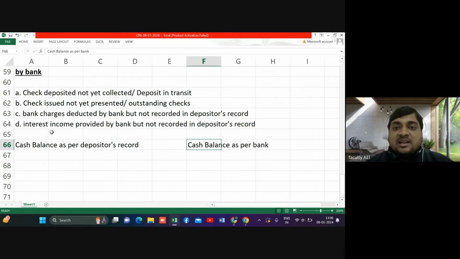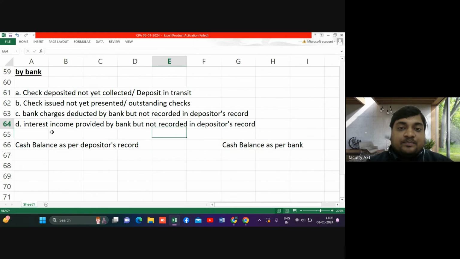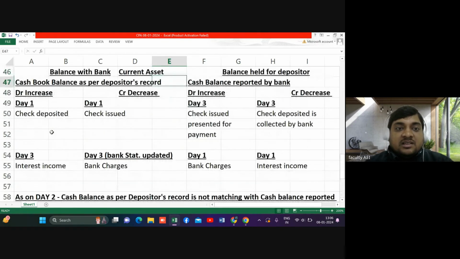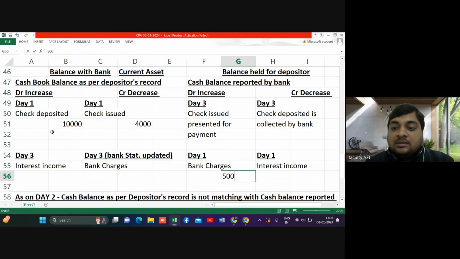Both these balances are different. Basically, we need to reconcile it, right? Let me just take some figures. 10,000, 4,000, 500.